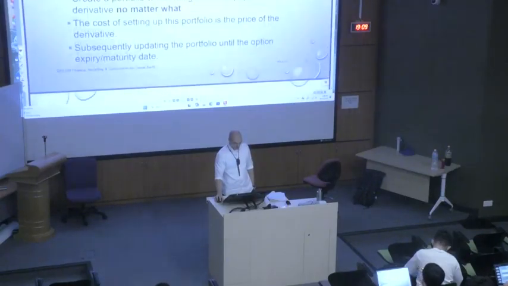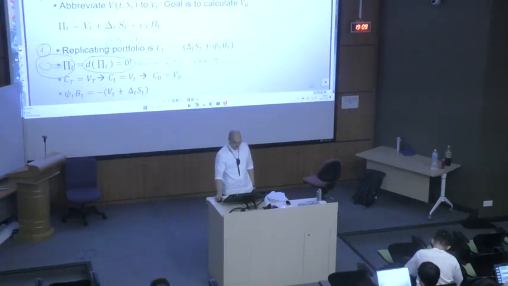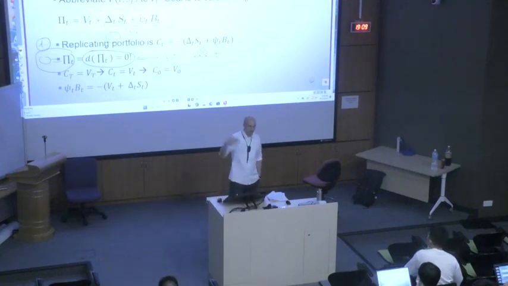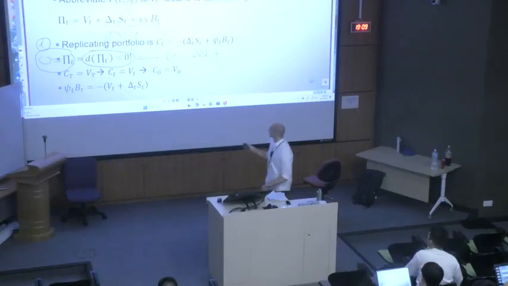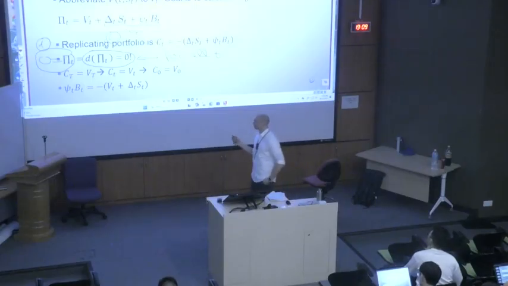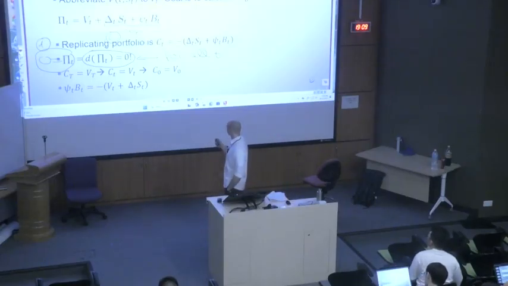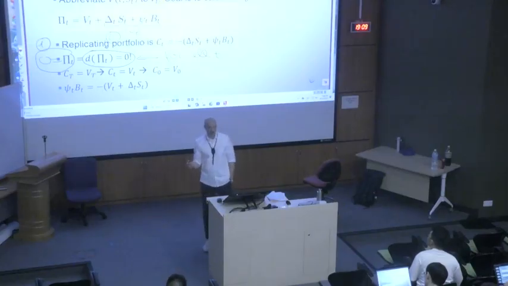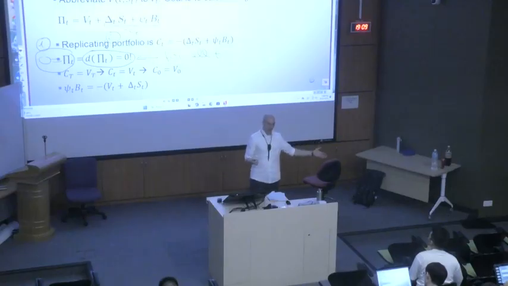And if we denote by V_T the value of the payoff at maturity, but today at time t, given that the stock price is S_t, then what we set out to do is find a portfolio that consists of delta units in stock and psi units in cash that perfectly replicates the terminal payoff.